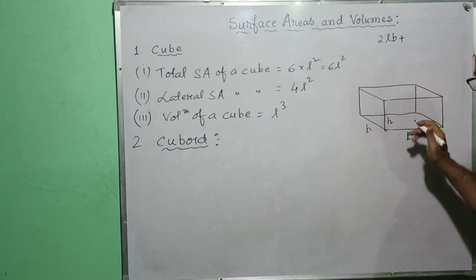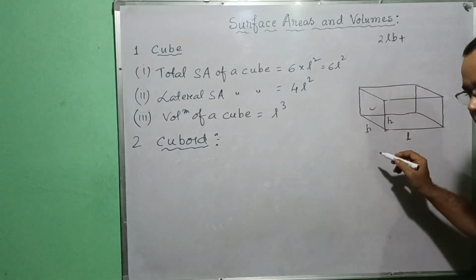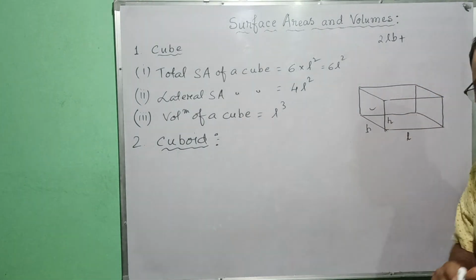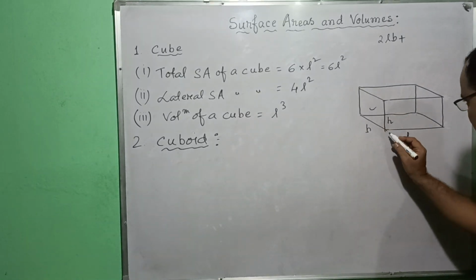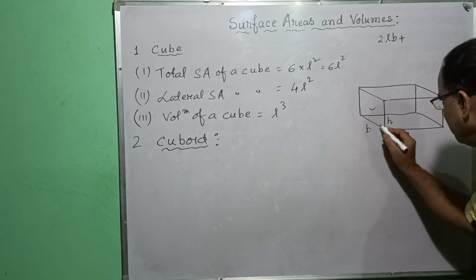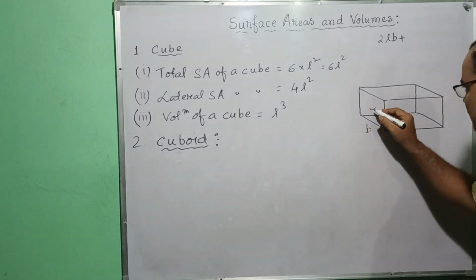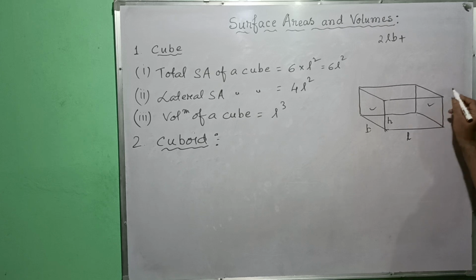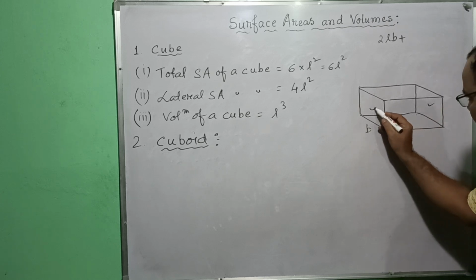So two faces finished. Now you can take these faces. So in this face, what are the dimensions involved? Here the dimensions involved are B and H. Here B and H are involved in this face, and a similar another face is there. So what is the area of this face?